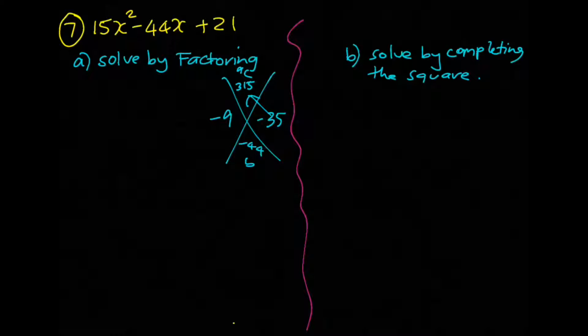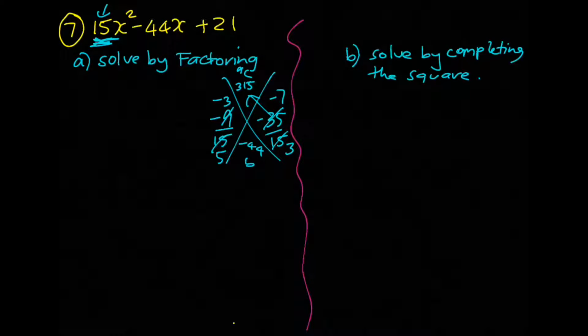Now that's not as far as we go with this because we need to divide by the coefficient in front of the x squared. Let's go ahead and divide by 15 on both of these numbers, and then we break it down into its lowest common form. And don't forget these are negatives.